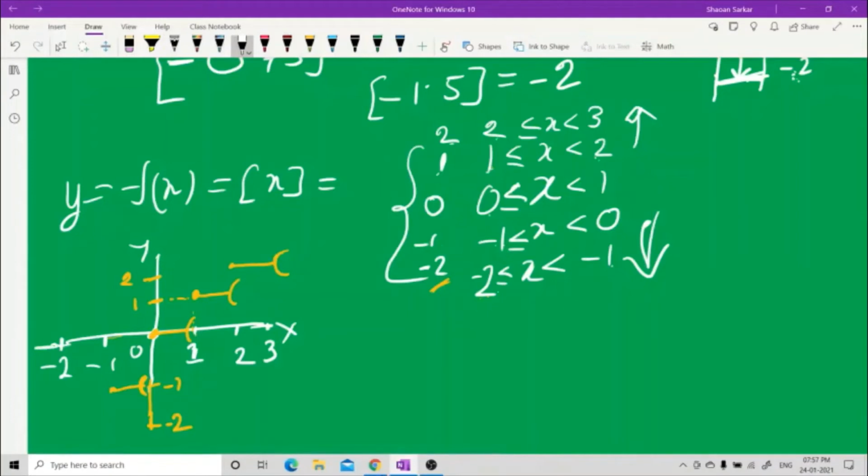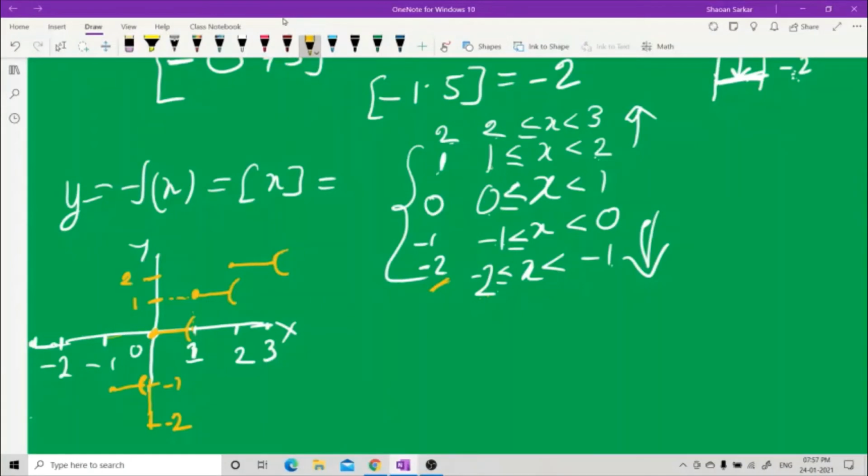Wait a minute. Let me draw the picture here. This is -2, and let us say -3 is somewhere here. So between -2 and -1, it is -2. Okay, even if I don't draw -3, it doesn't matter. I'm not drawing, leave it.